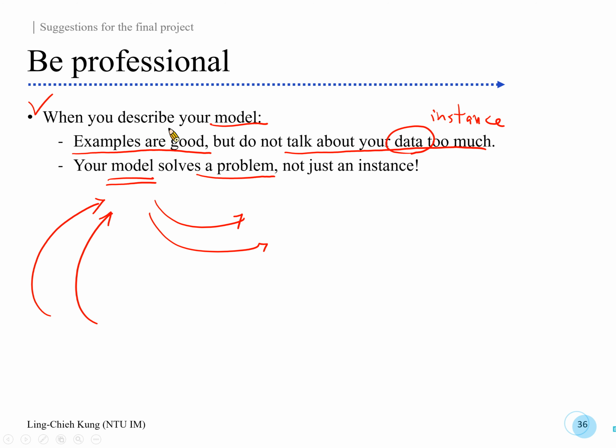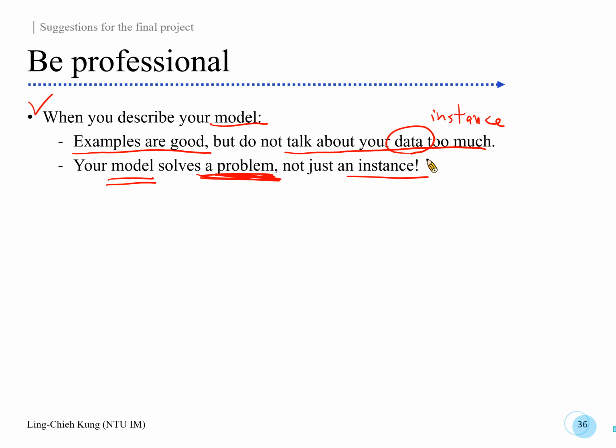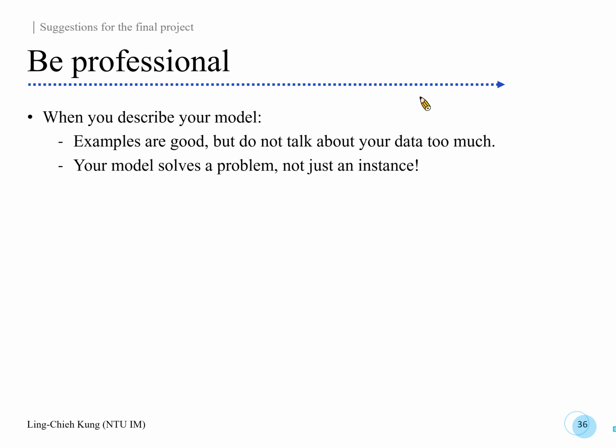So you need to make sure that people all agree that you are solving a problem. You are not just solving an instance. Your model can work even if the instance is changed. So don't talk too much about your data when you are doing the descriptions. For example, when you want to talk about one formulation, you may say, okay, so for each day, we're going to blah, blah, blah.